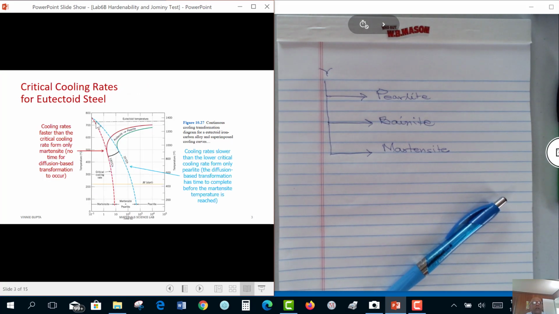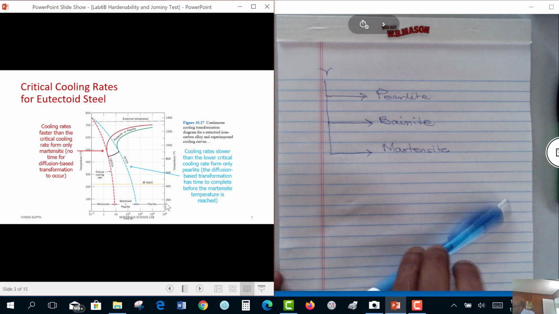Then we looked at continuous cooling diagrams where the pearlite start and pearlite finish curves move slightly down and to the right. And we found we have two critical cooling rates, this red cooling rate and the blue cooling rate. So as we change the cooling rates, our transformation can produce all martensite, or a combination of martensite and pearlite, or all pearlite.